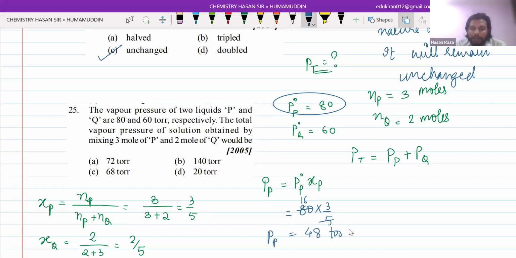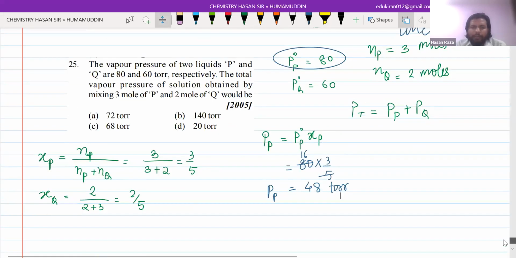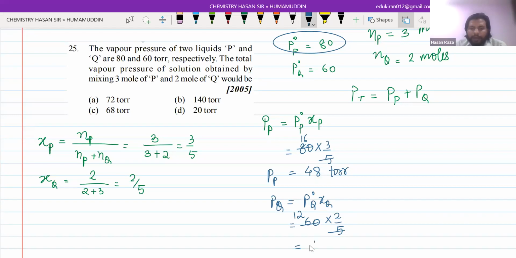Since it is given in torr, I'm going to write it in torr. Torr is the unit of pressure. Now, partial pressure of Q will be equal to pure pressure of Q into mole fraction of Q. The pure pressure of Q is 60 and the mole fraction of Q is 2 by 5. You can easily cancel this as well, and it will be 24 torr.